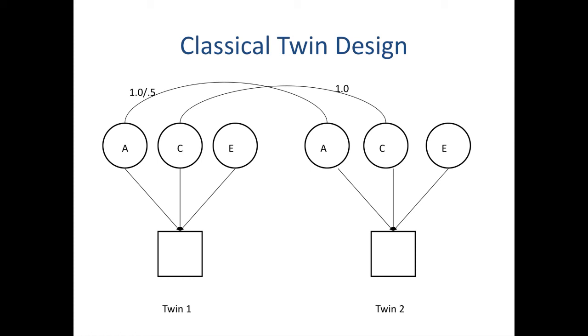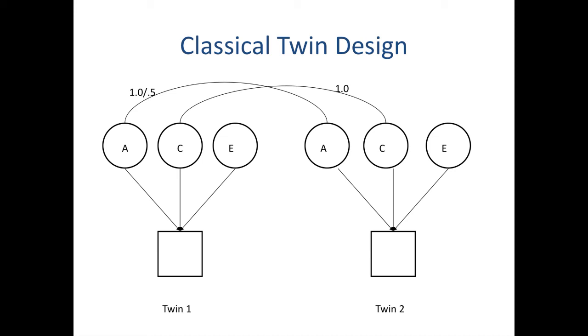Sometimes called the shared environment, it's the aspects of the environment that are shared by siblings raised together in the same family and are environmental effects that make siblings raised together more alike. The third part, E, which actually stands for environment, is the so-called unique or non-shared environment. And those are the environmental effects that make siblings raised together in the same family different from each other.